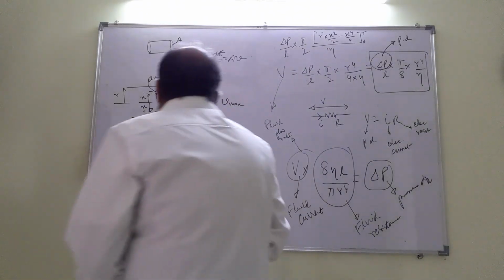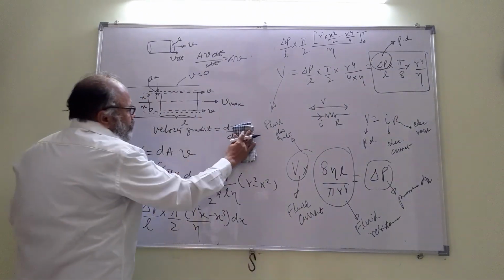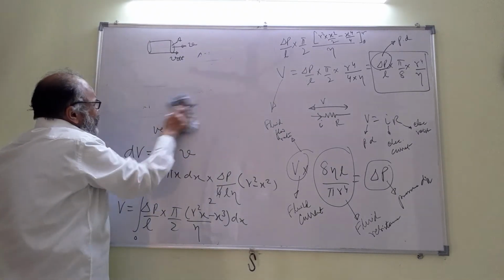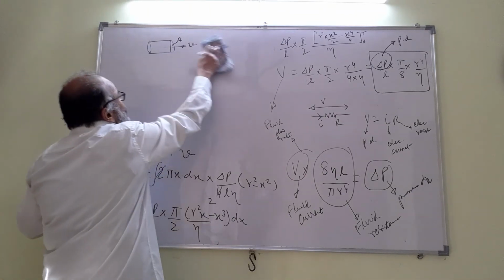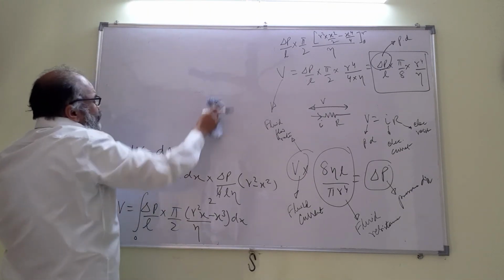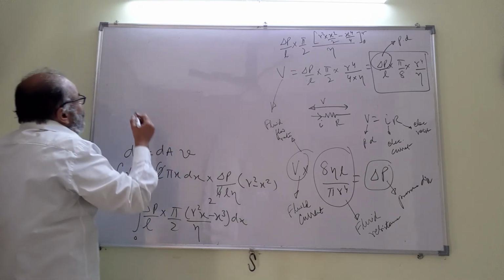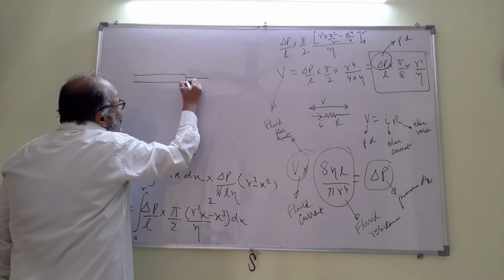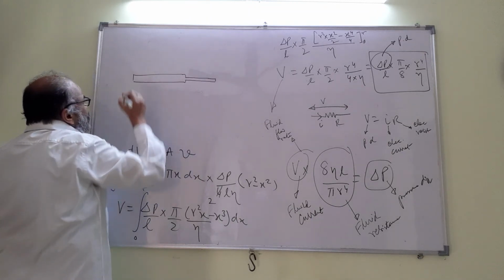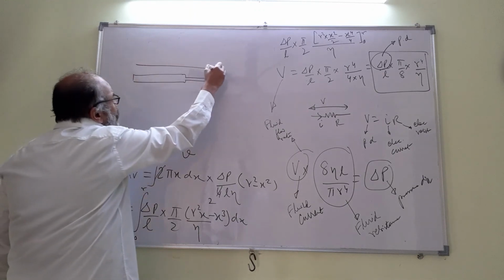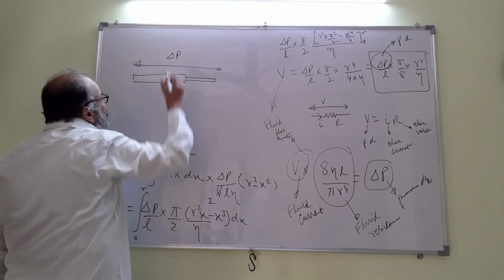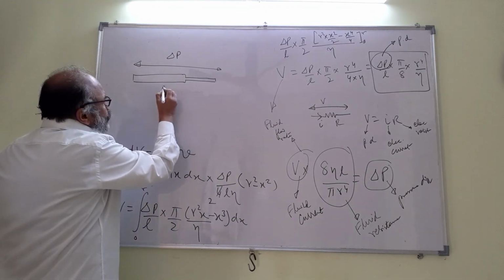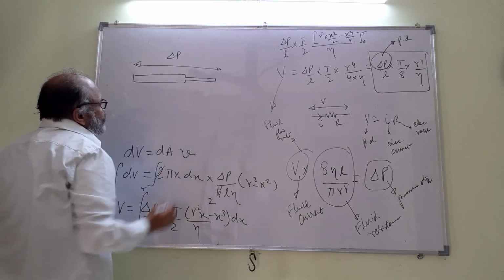So you can use all the formulae that you use for series resistances, parallel resistances, etc. for fluids as well. If you have one capillary tube and another capillary tube like this, and you know the pressure difference is delta P, you can treat this as two fluid resistances in series.